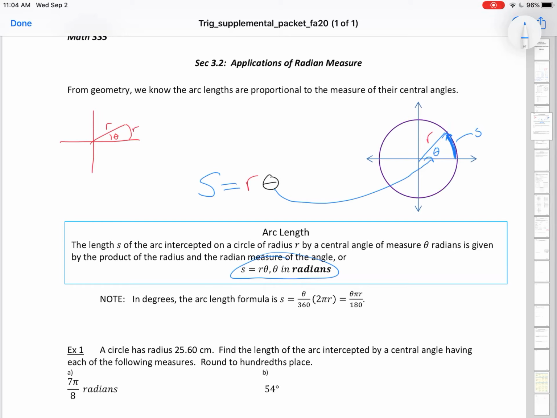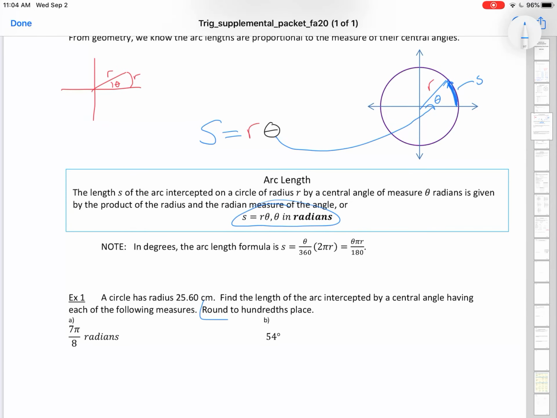You'll need a calculator for this section because if you notice, even in the first example, they want you to round to the hundredths place, right? And they give you things there. So note that in degrees, the arc length formula is S is equal to theta over 360 times 2 pi r. Now that seems a little bit crazy, right?